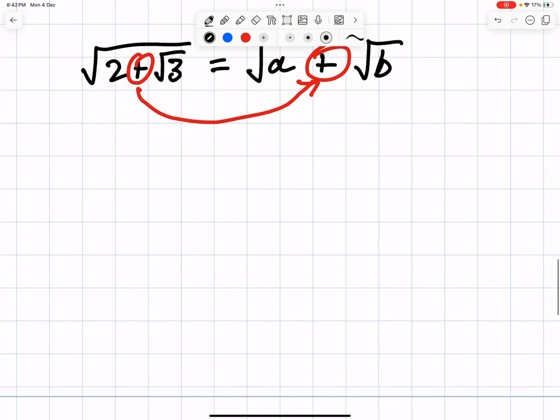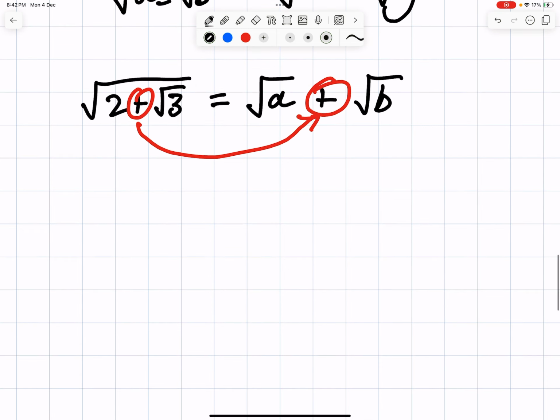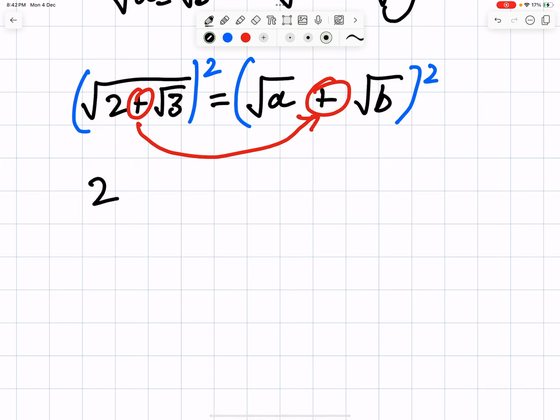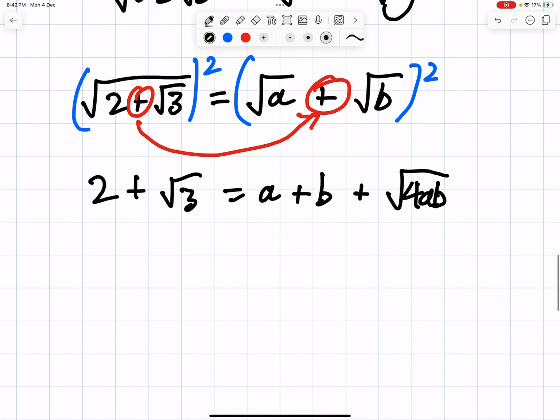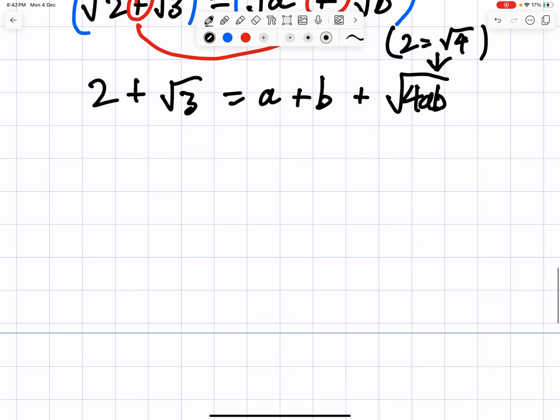So again, we will square both sides to get 2 plus square root 3 equals a plus b plus square root 4ab. Remember that 2 is just square root 4, and by surd multiplication we will get this. Now we will form an equation. 2 equals a plus b and 3 equals 4ab.